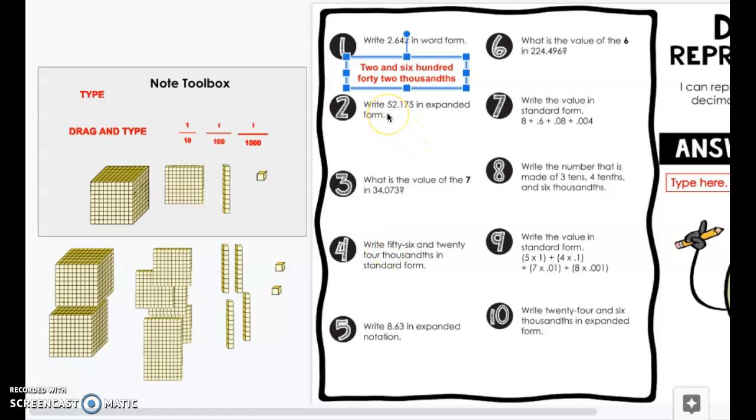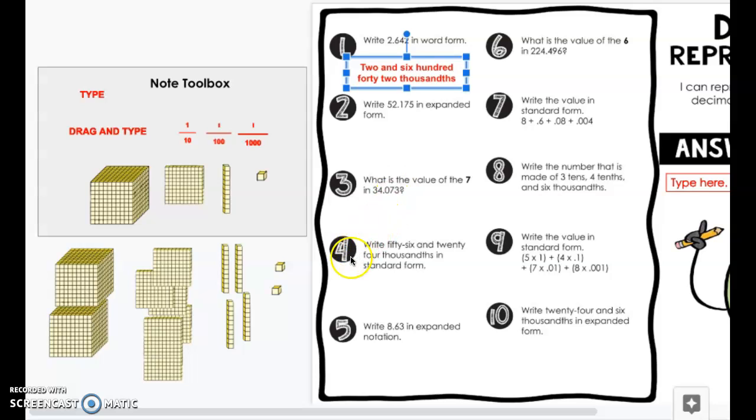Number 2 says, write 52.175 in expanded form. Number 3 says, what is the value of the 7 in 43.073?